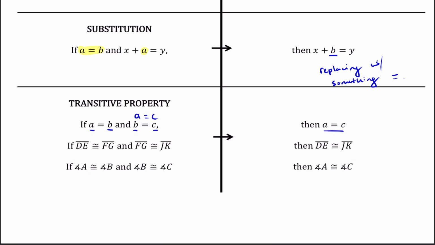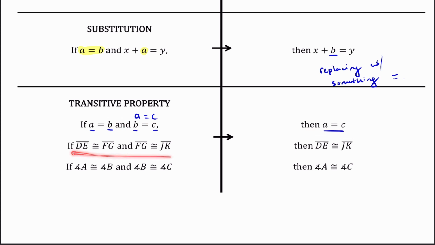I'm just literally thinking about the middle term linking the first and last together, right? So here's my first, here's my middle, and here's my last. If a is equal to b and b is equal to c, well then I don't need this anymore. A is equal to c.